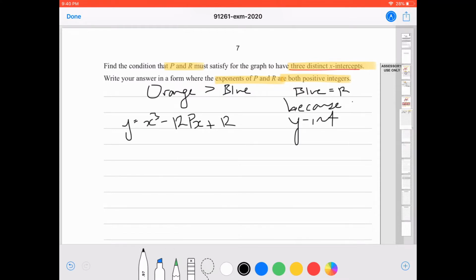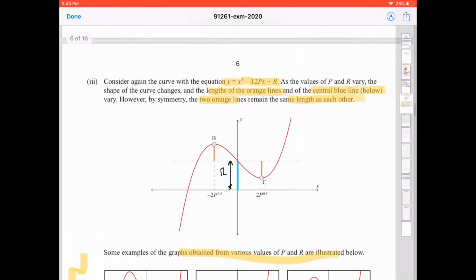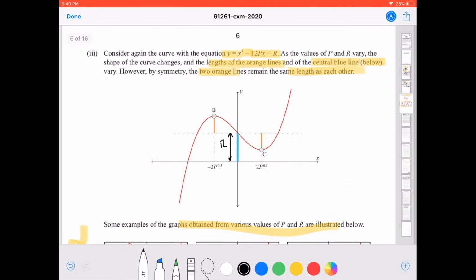Okay, still, how do we make progress here? Well, another formula we can use, looking back at our graph now, is the orange line, which is obviously here and here.